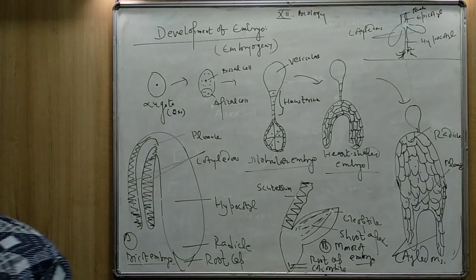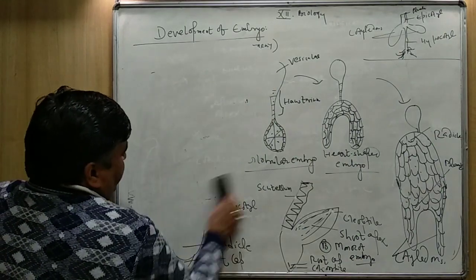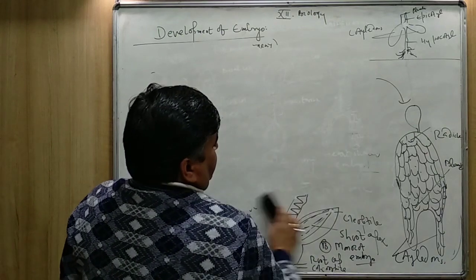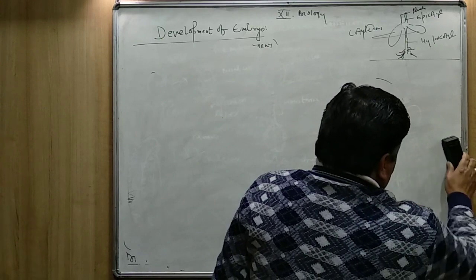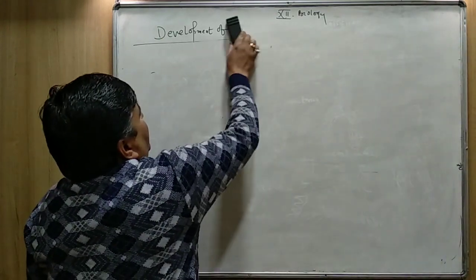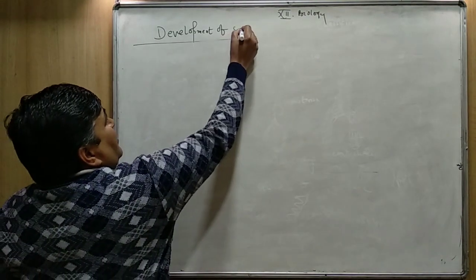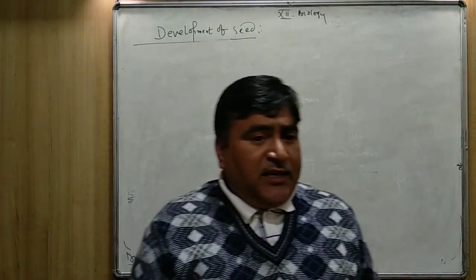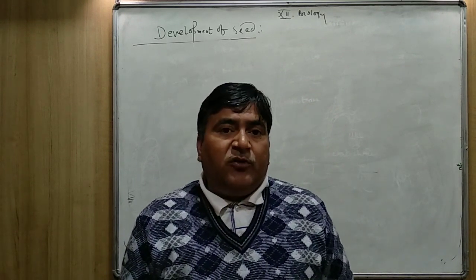Now, the next heading is development of seed. As you know, the seed is the matured form of the ovule.